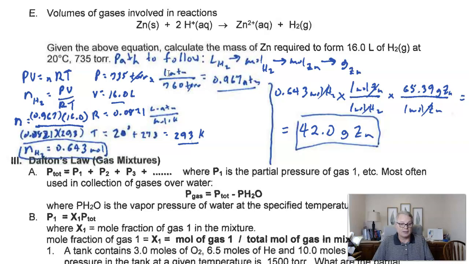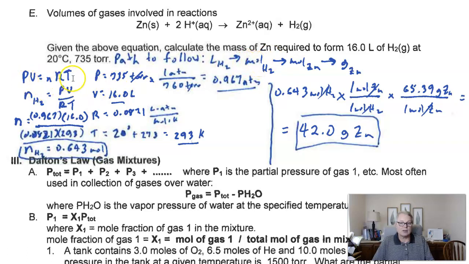All right, and here's why. If I want to go from liters of a gas to moles of a gas, or moles of a gas to liters of a gas, I'm going to use PV equals nRT. That's the equation I'm going to use to find the necessary relation. In this case, I'm given 16 liters of hydrogen, and I want to get to moles of hydrogen.